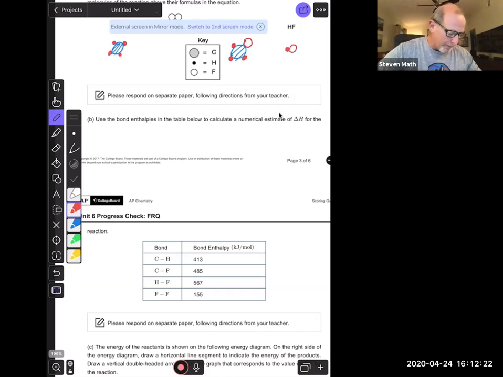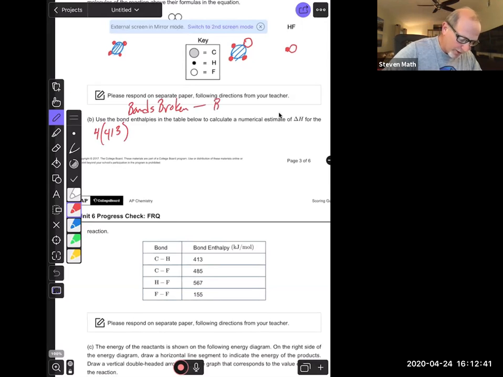B, use the bond energy tables below to calculate what's going on. So we got to break everything apart. We're going to break apart 4 times 413. Okay, this is going to be bonds broken, break apart all of your reactants, and bonds formed. So we're going to break apart 4 carbon hydrogens. Then we're going to break apart 1 F2.